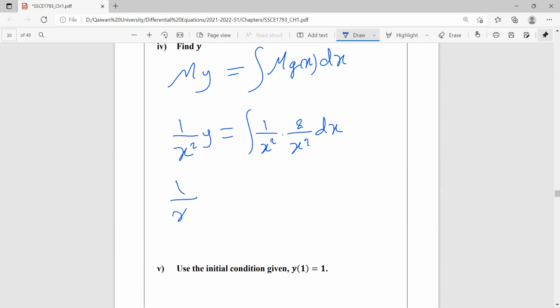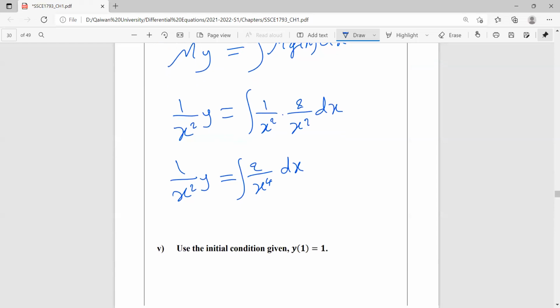We get 1 over x squared y equals the integration of 2 over x to the power 4 dx. Now we take this integration and get minus 2/3 x to the power minus 3.